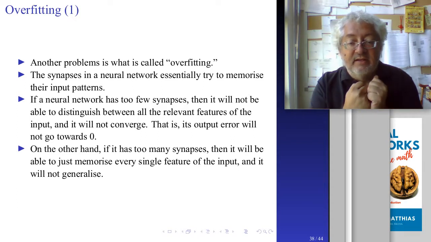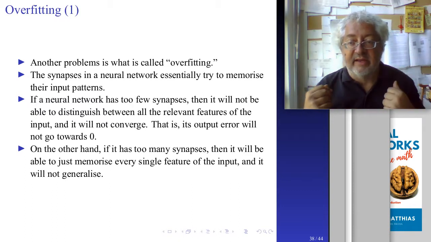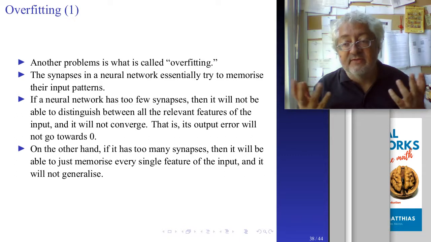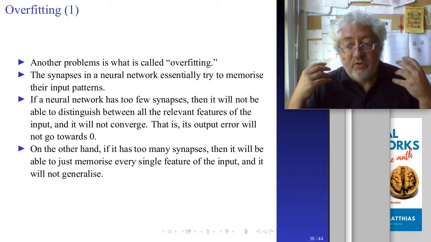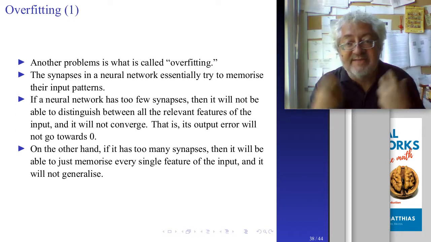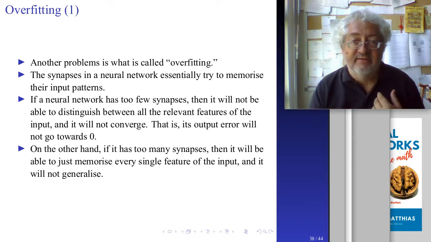And then it will not easily learn to generalize. Now you say, okay, then show it a picture of myself without the background. But if it has enough synapses, then it would also learn the backgrounds. It would just memorize the different backgrounds. And then it would again not generalize.